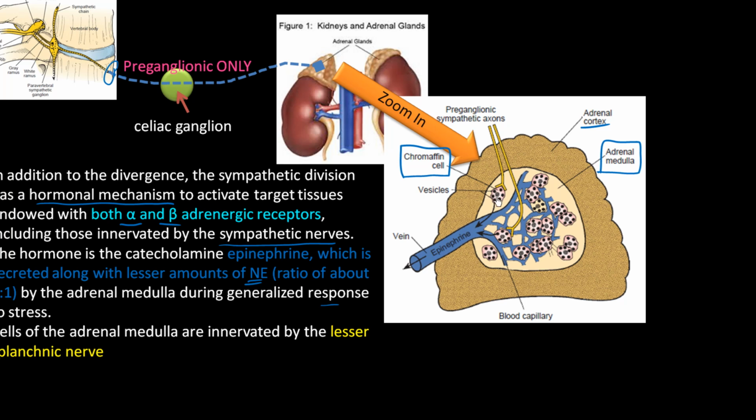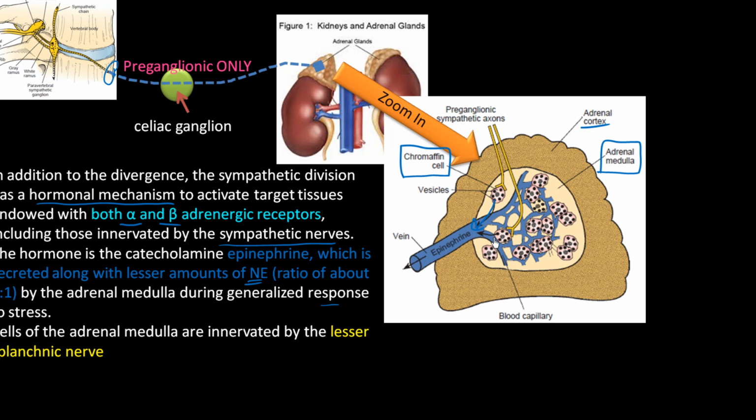These chromaffin cells produce epinephrine more than norepinephrine in a ratio of 8:1. And so these epinephrine and norepinephrine are stored in these vesicles. So when they become stimulated, they dump these epinephrine and norepinephrine into the blood supply, and the vein takes out the epinephrine and norepinephrine. So this is kind of a neuroendocrine gland, if you will, kind of like the pituitary.